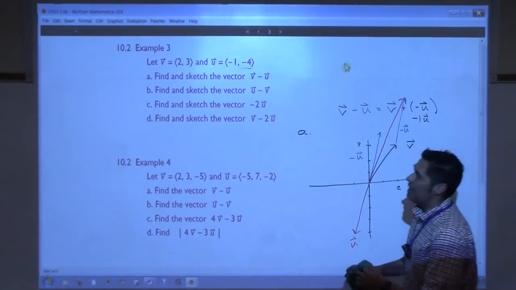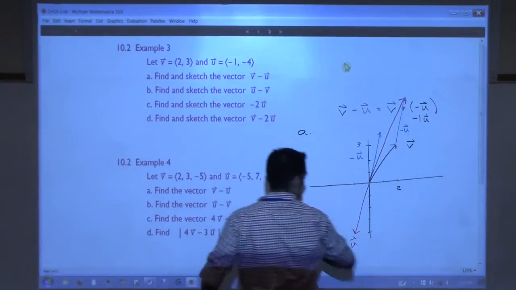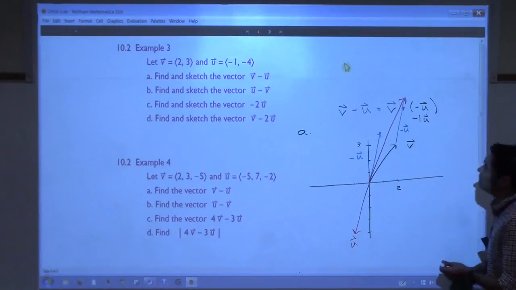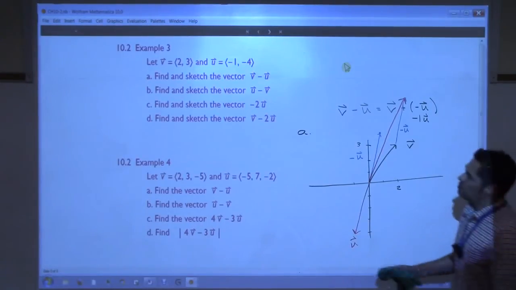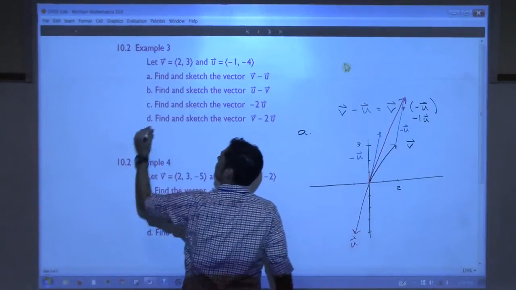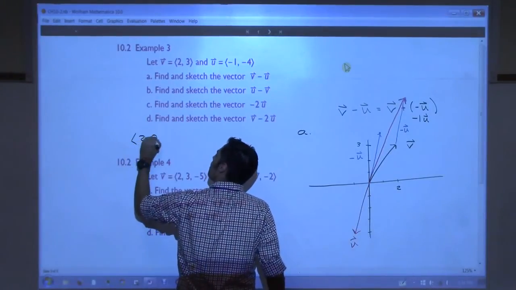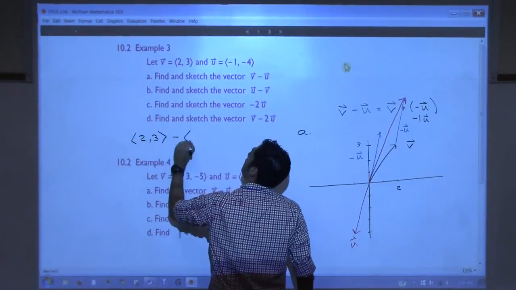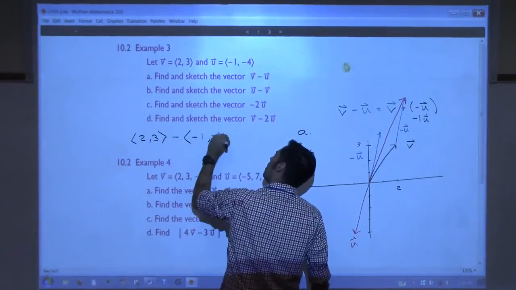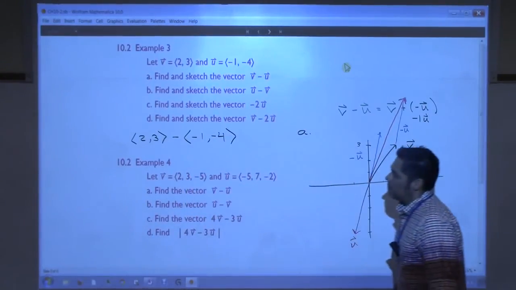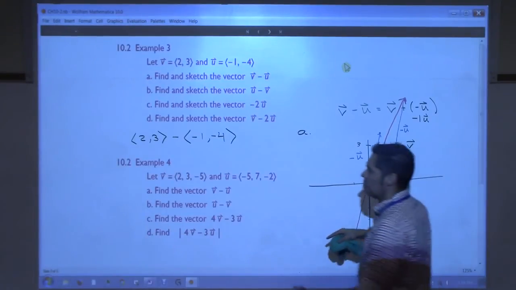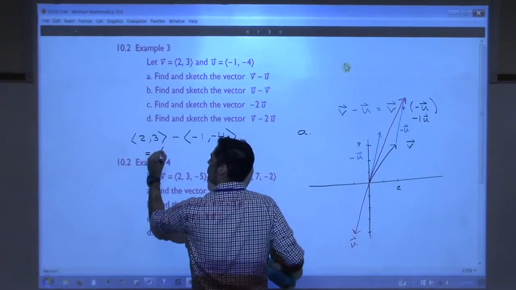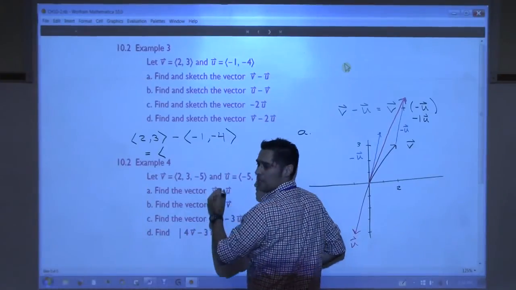But now let's do it mechanically, algebraically. All I need to do is write down the vector V, which is the vector 2, 3. I want to subtract the vector -1, -4. And from what I had on the board earlier, vector addition and subtraction is very, very clean, isn't it?